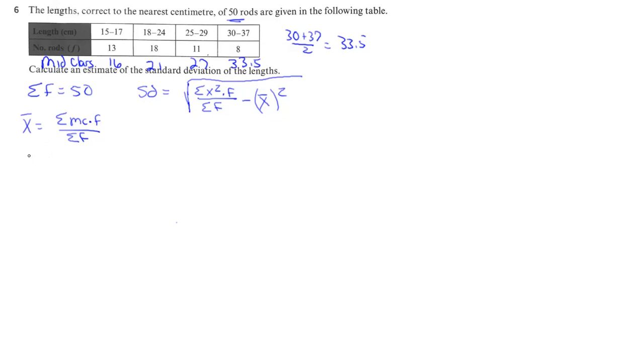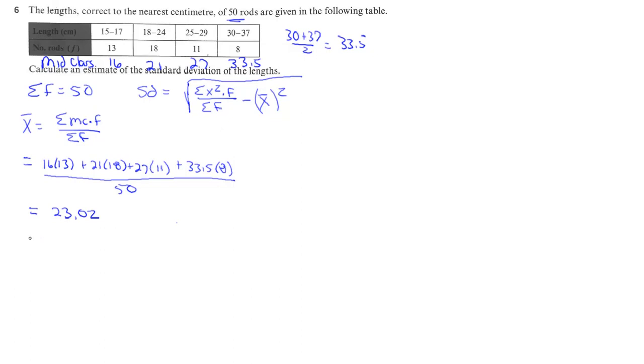So anyway, now I'm going to show my method here. It just means I'm taking each mid-class value times its frequency and then dividing by the sum of all the frequencies, which is 50, and then I can figure out that the mean is going to be 23.02.